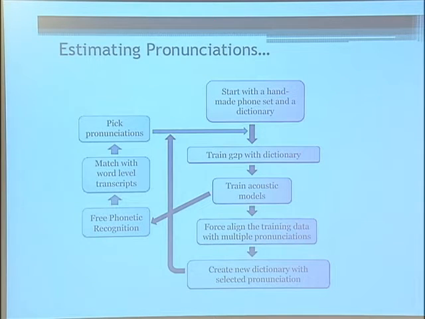Now, another alternate experiment would be that we could do a free phonetic recognition of the audio and match that up with the word level transcripts and pick up the most likely pronunciations.